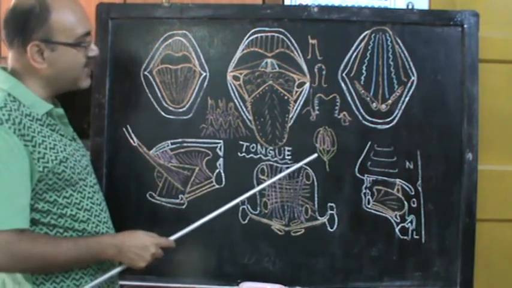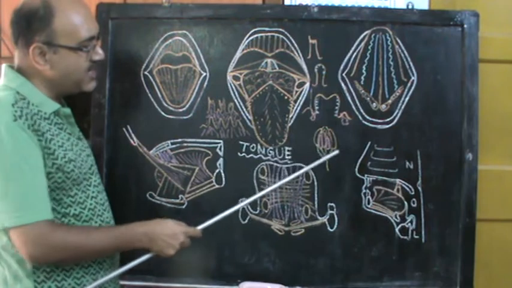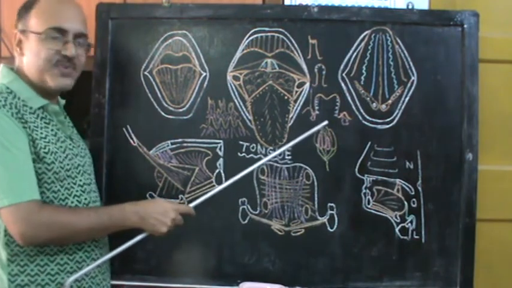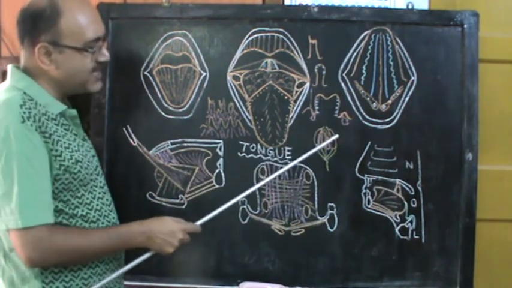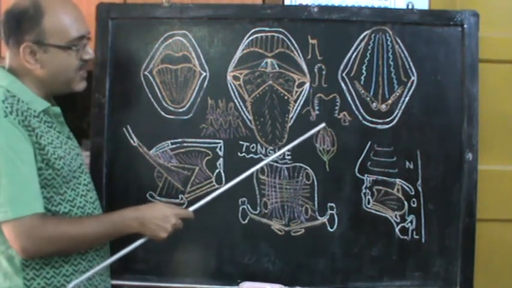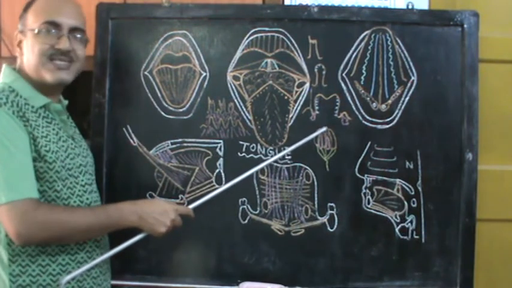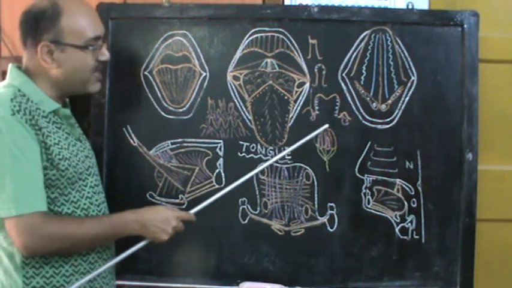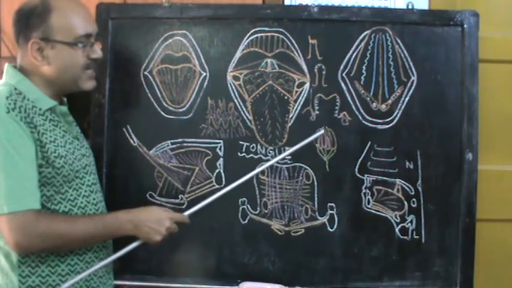Now if you look at these individual taste buds, they have an onion peel appearance, and you have the gustatory cells and the supporting cells, and towards the tip you have a taste pore or a gustatory pore in which you have multiple hairs bearing the taste receptors.